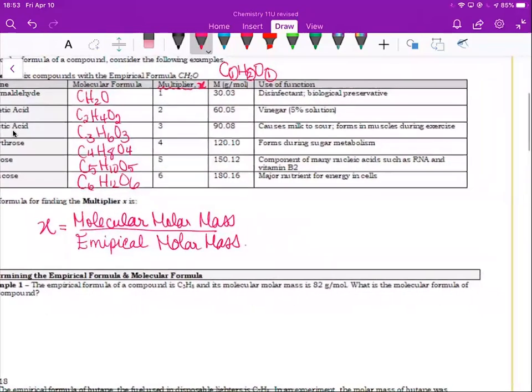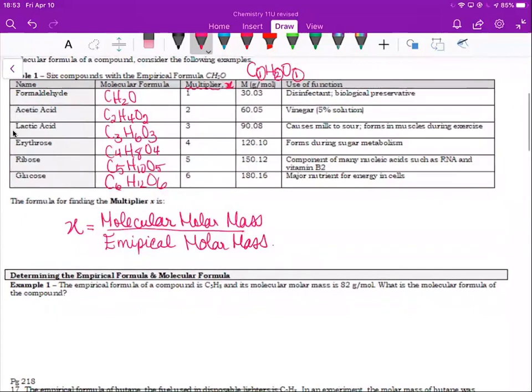So you can see here that I was given all of the molar masses. I wasn't really paying attention to them. But if I took this number here, and if I divided it by the molar mass of the empirical formula, I would get this multiplier, 1, 2, 3, 4, 5, 6. And the molar mass we can determine experimentally.